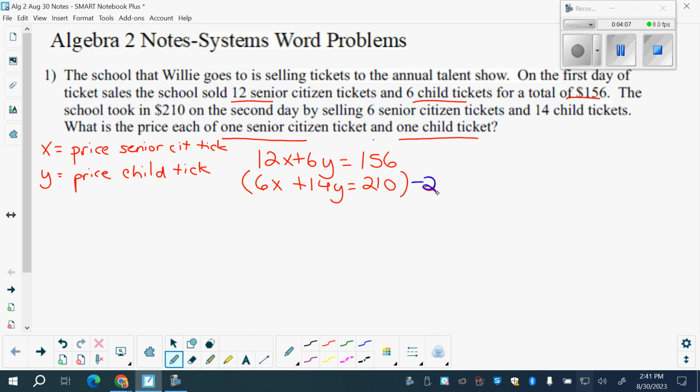We chose that one because we're looking at the numbers in front of the x's, and I can multiply 6 by -2 to get the opposite of 12x. I want to eliminate x. Now I have to multiply everything by -2.